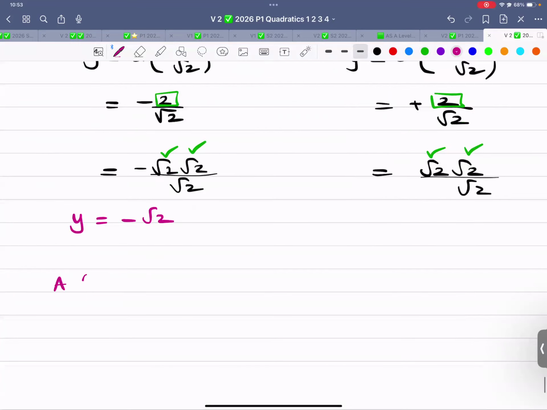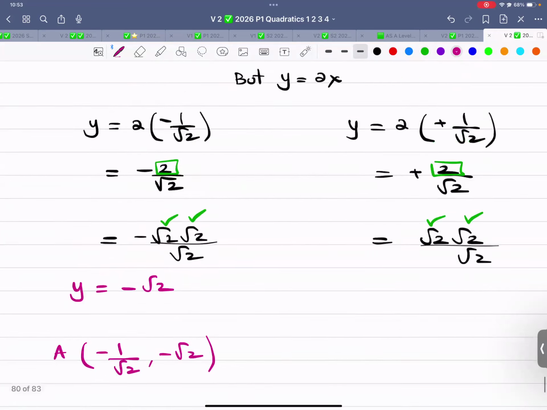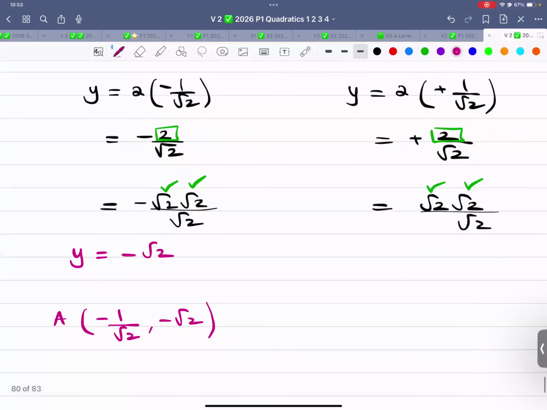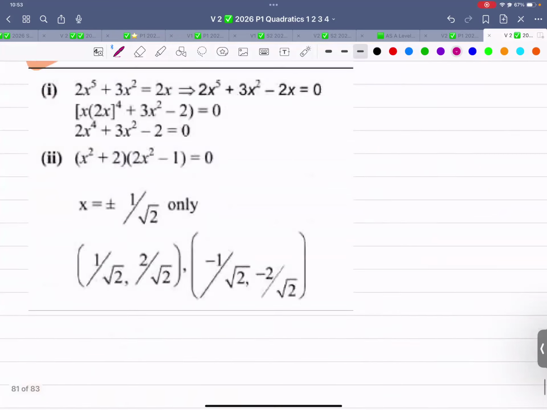Therefore, the coordinate of A is negative 1 over root 2 comma negative root 2. And similarly, for B, y equals positive root 2. So the coordinate of B is positive 1 over root 2 comma root 2. So many roots.